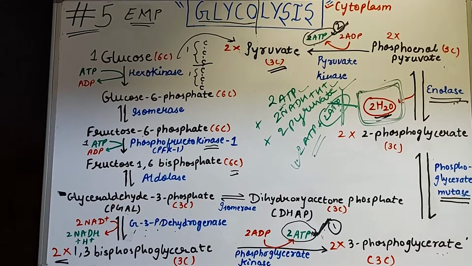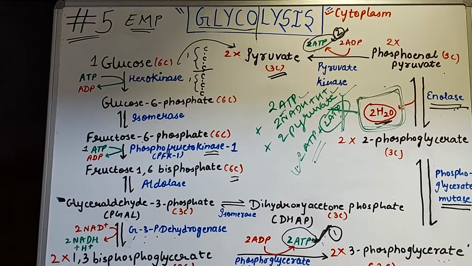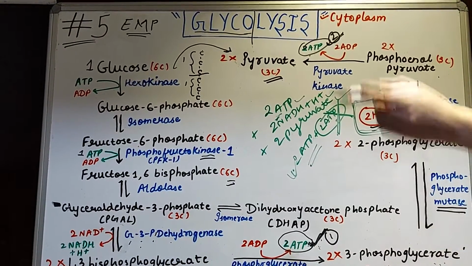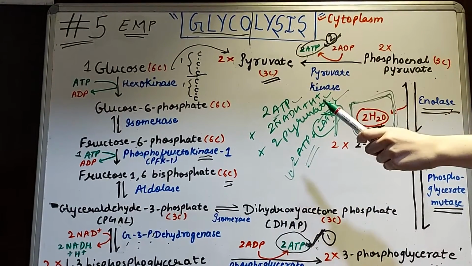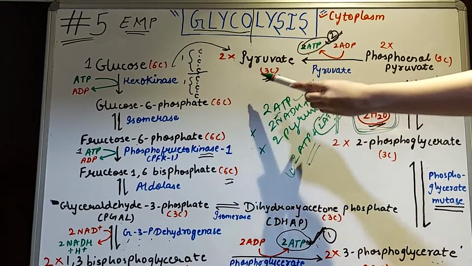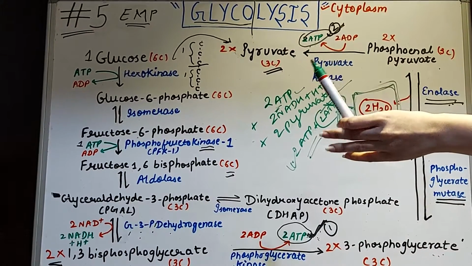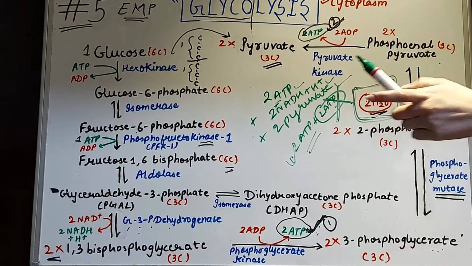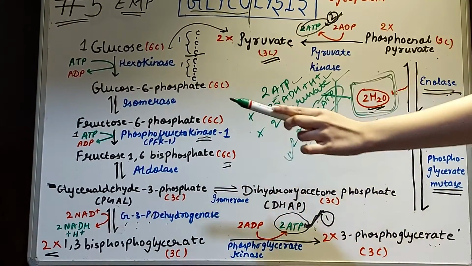So remember there are a total of 10 steps in glycolysis, and now we will see how many total enzymes are involved. First enzyme is kinase, second is isomerase, third is again kinase, so it belongs to the kinase group only.